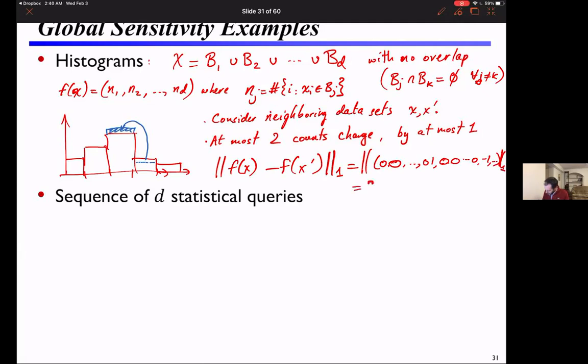In any case, it's going to have L1 norm at most 2. And so the global sensitivity of this histogram function is actually exactly 2.